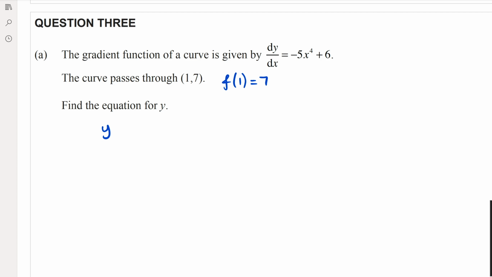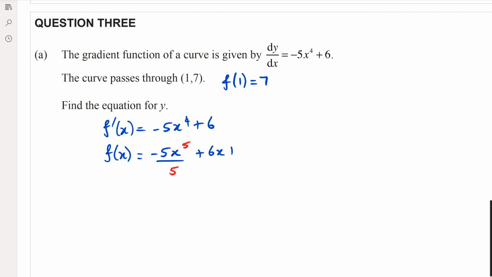We can write f dash of x equals negative 5x to the power of 4 plus 6, which means f of x is equal to negative 5x to the power of 5 over 5 plus 6x plus c. So we've got f of x equals negative x to the power of 5 plus 6x plus c.